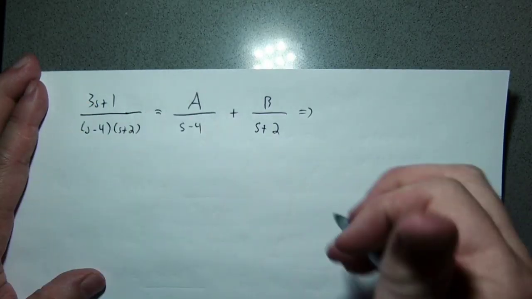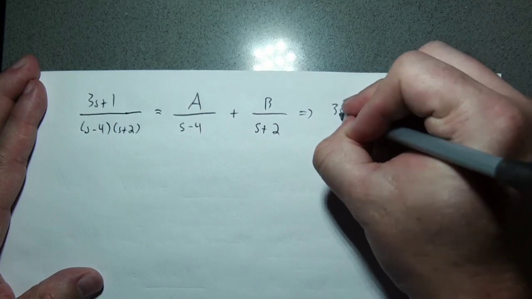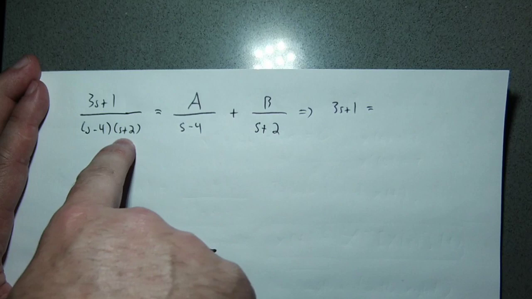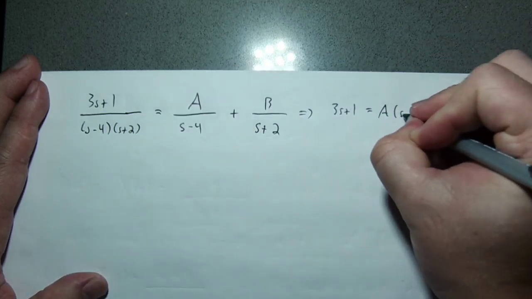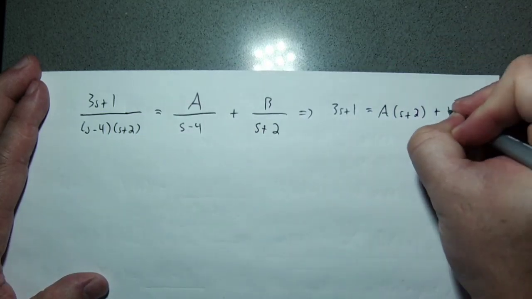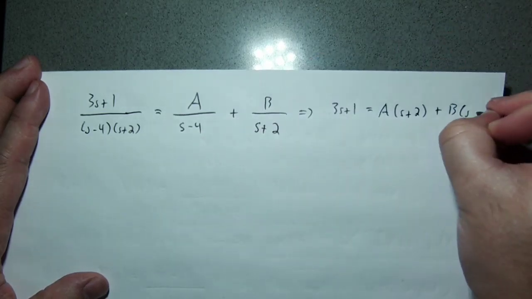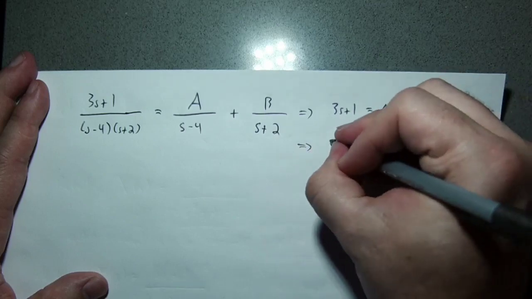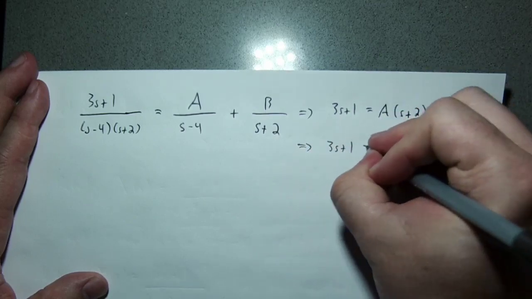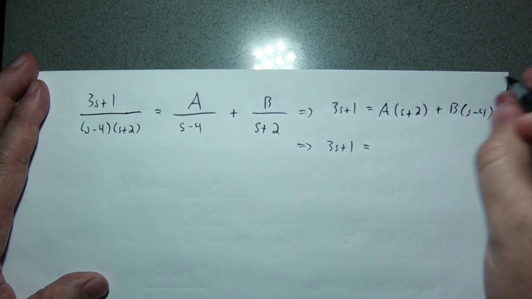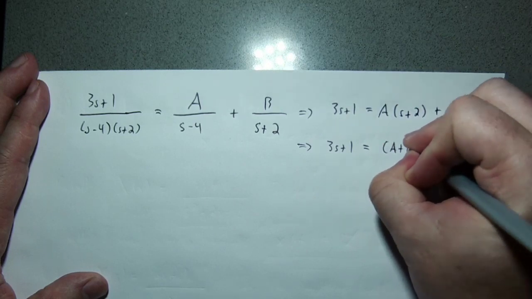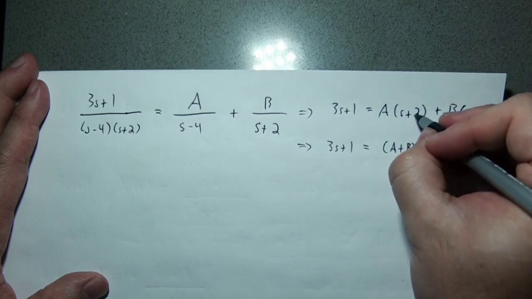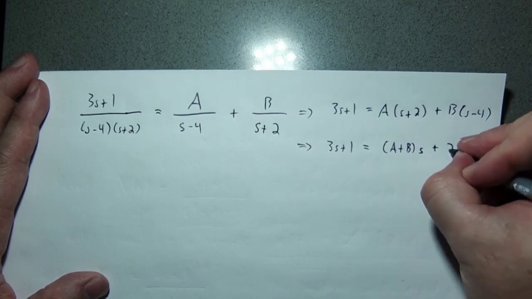But anyway, clearing denominators, I get that 3s plus 1 is equal to, if I multiply both sides by s minus 4 times s plus 2, a times s plus 2 plus b times s minus 4. And then I continue on. So this is 3s plus 1 equals as plus bs, so that's a plus b times s, plus 2a minus 4b.